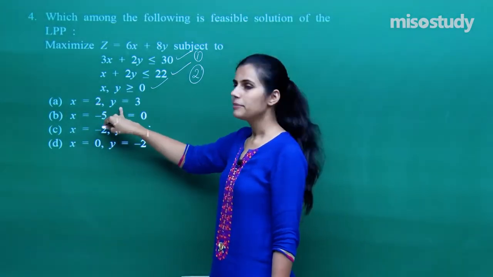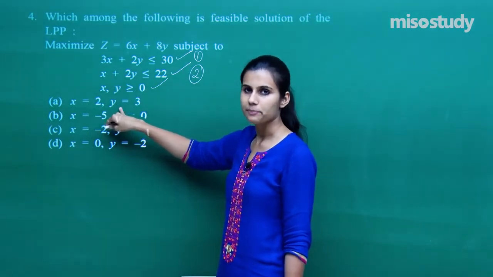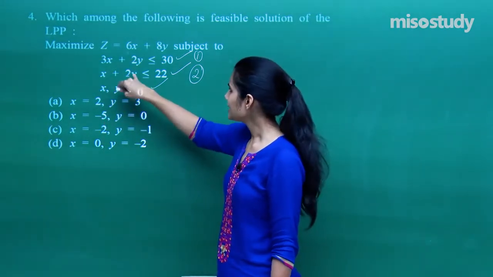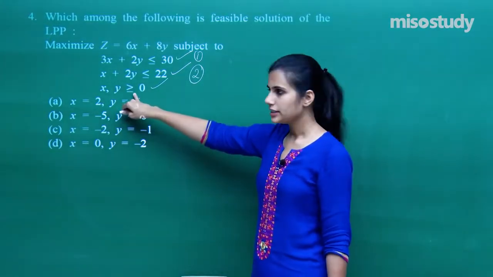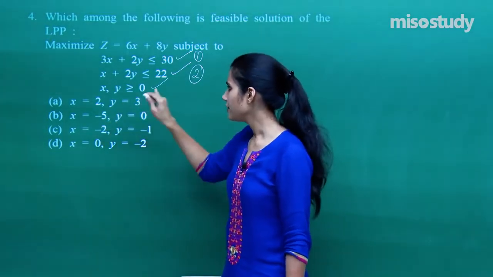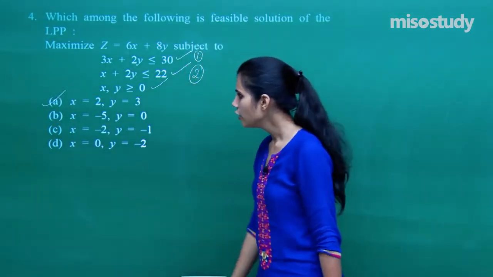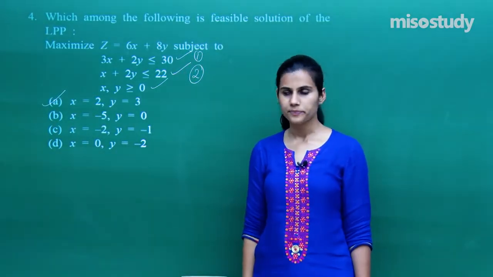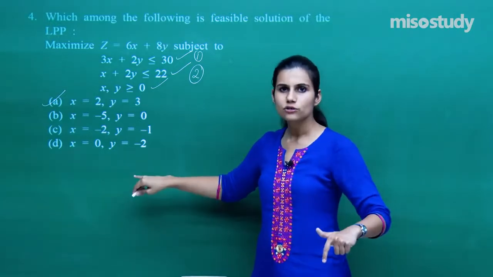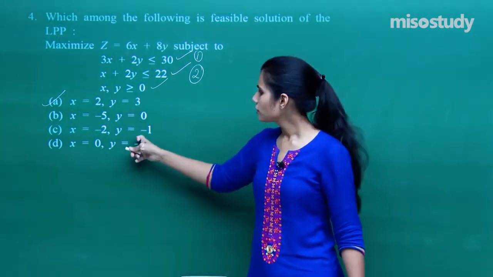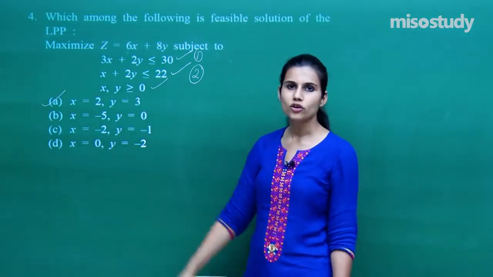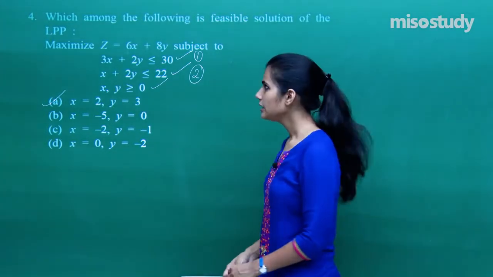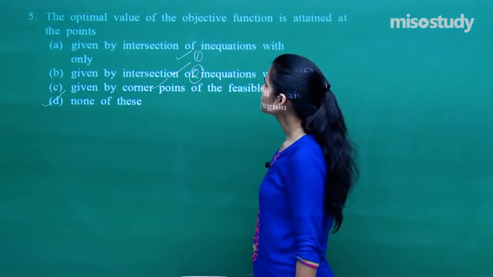So this pair of values of the variables is satisfying the 2 constraints, and it is also satisfying the non-negativity constraint because both of them are non-negative, and therefore only this among all these 4 is a feasible solution. Mind it, C and D are solutions, but they are not feasible because this is both negative, here this is negative, it is not satisfying the non-negativity constraint. Clear?